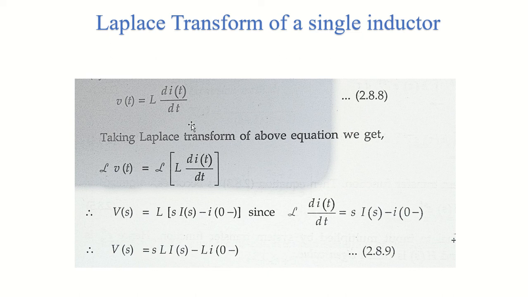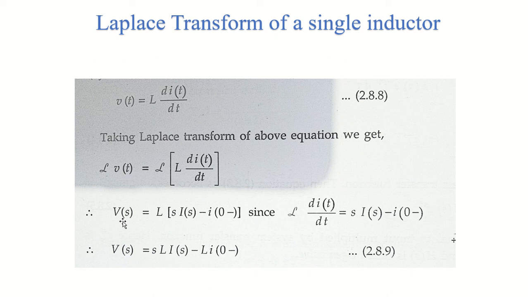Now what we will do, in order to shift my signal, because initially this signal is in the time domain, you want to shift it to the frequency domain. So in order to shift this signal to the frequency domain, you will take the Laplace transform. Whenever you take the Laplace transform, the time domain signal of voltage will come in the frequency domain.